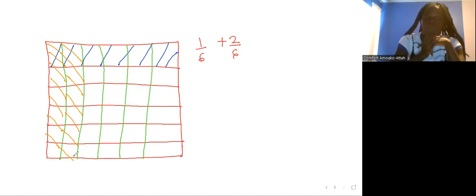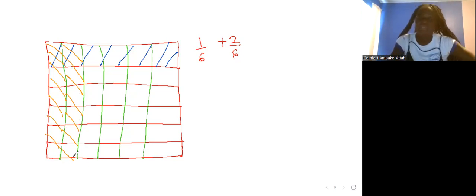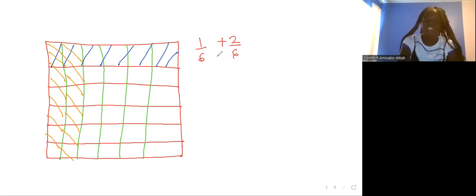Okay, so with this one, what do we do? How do we get the answer? It is very easy. Now, in our introduction, we said the total number of divisions becomes your denominator, right? Good. So it means we're going to count the total number of divisions that we have.